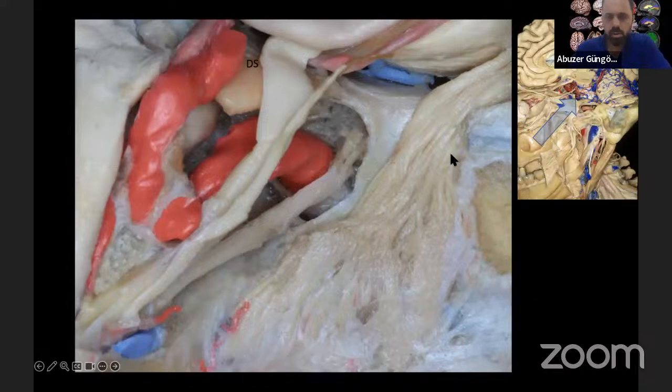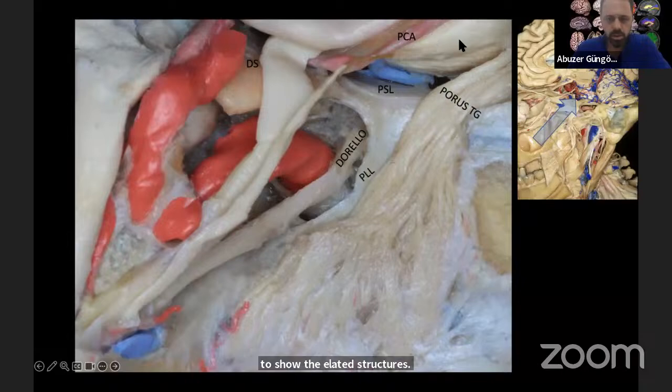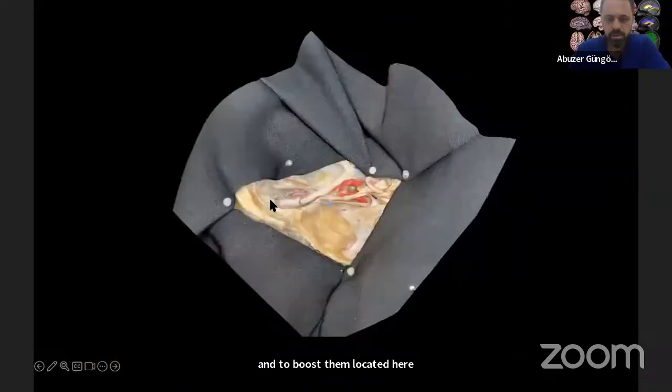And also, we are looking from the same area to show the related structures and the brainstem located here, and all structures related to the cavernous sinus.